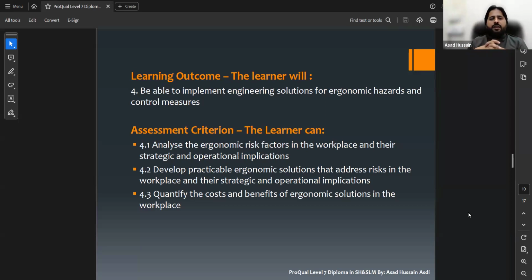Then 4.3: quantify the costs and benefits of ergonomic solutions in the workplace. Many times organizations are not giving any importance or priority to these ergonomic issues and hazards. For that purpose, being a health and safety professional, it is your responsibility to quantify the costs and benefits.